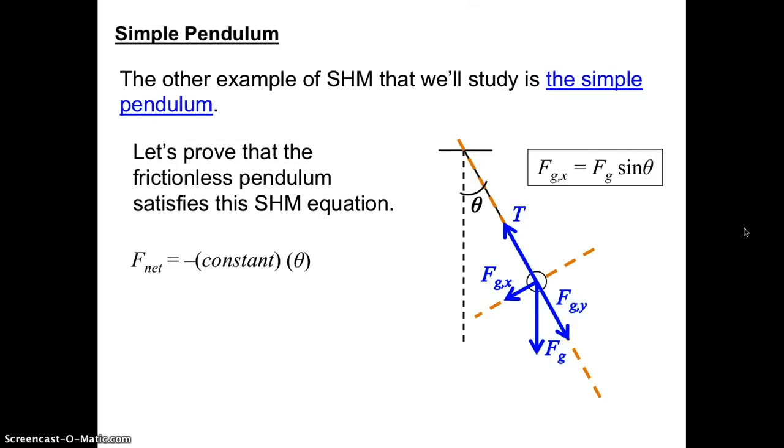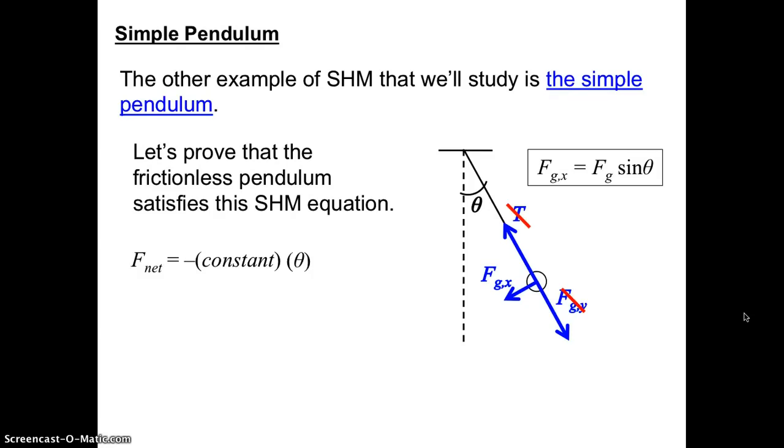And the last thing to say, because we've represented the gravity force with its components, we can remove the gravity force from our picture so that we only represent it once. Now, at small angles, the tension and FGY roughly cancel each other.